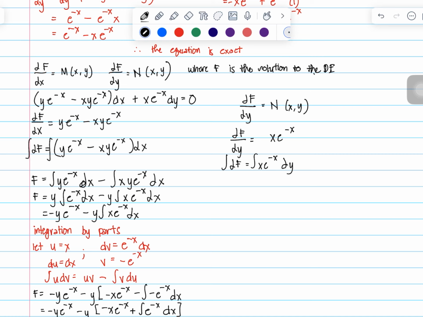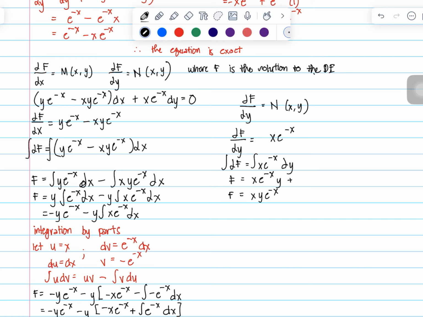Integrating both sides with respect to y, f is equal to, so you treat this as constants, x e to the negative x. So what is the integral of dy? That is basically y. So rearranging, we have x y e to the negative x.